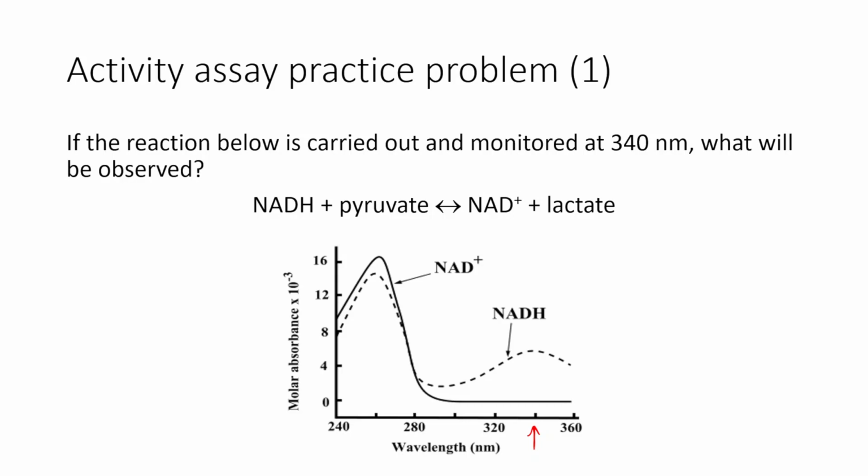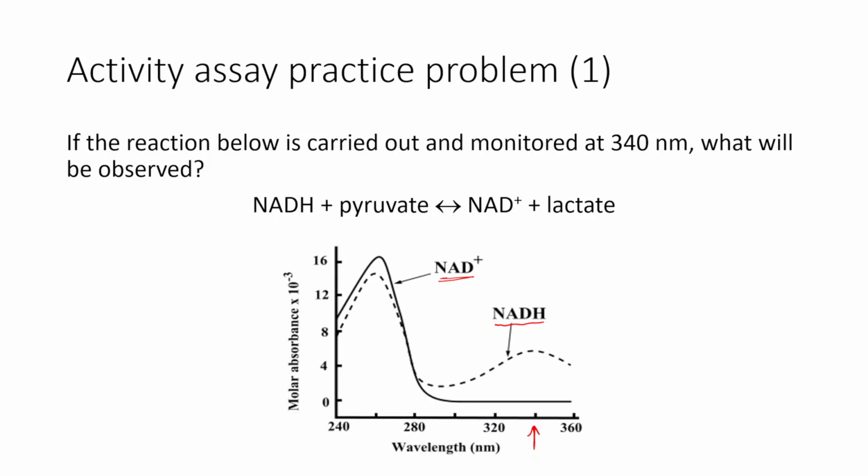Yeah, why do you say consumed? Because of the equation, NAD is a product, and if you have NAD on the curve, nothing is being absorbed there. Right, yeah. If we're looking at 340 nanometers, NADH, which is the dashed line here, absorbs pretty strongly at 340, compared to NAD+, which is the solid line and has no absorbance at 340.